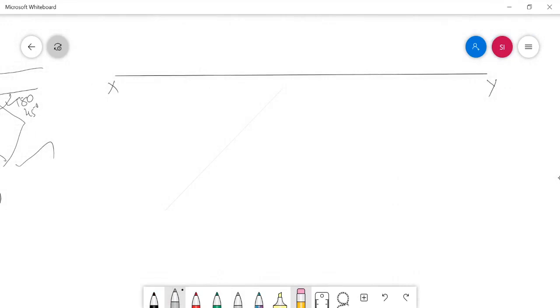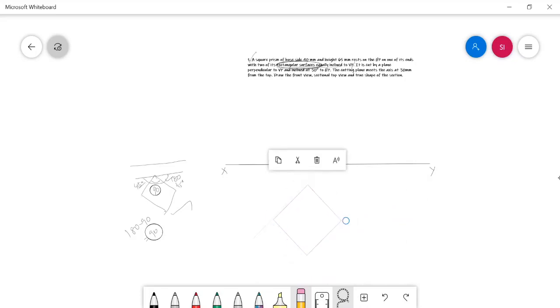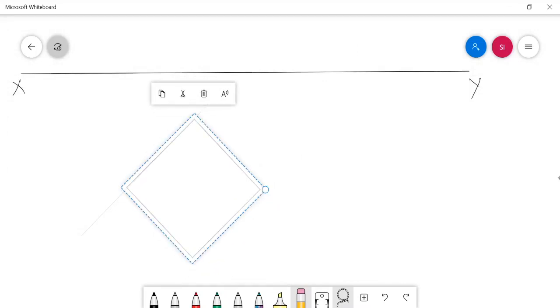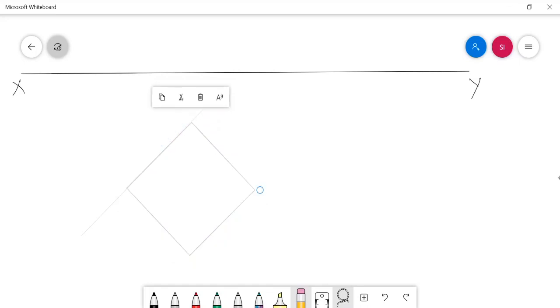Now I need to draw a square, and that square can be located in this way.